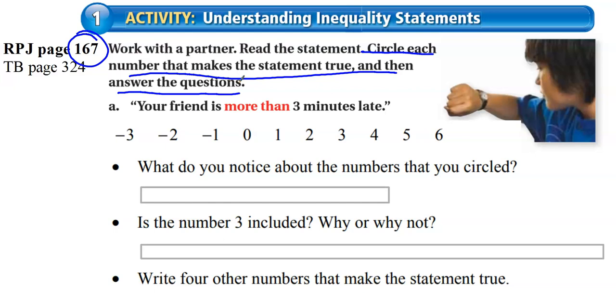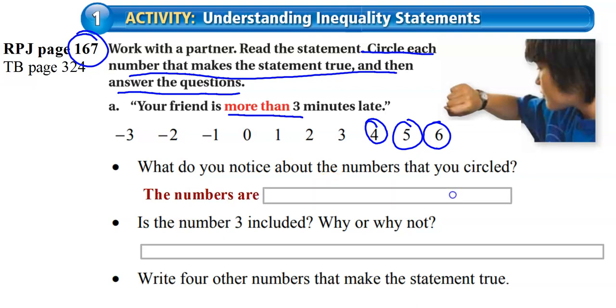And so if your friend is going to be more than 3 minutes late, they can't be exactly 3 minutes late. So you would circle the 4, the 5, and the 6. And then the questions are, what did you notice about the numbers you circled? Is the number 3 included? And then write 4 other numbers that make the statement true. So go ahead and pause this video and try to answer those questions.